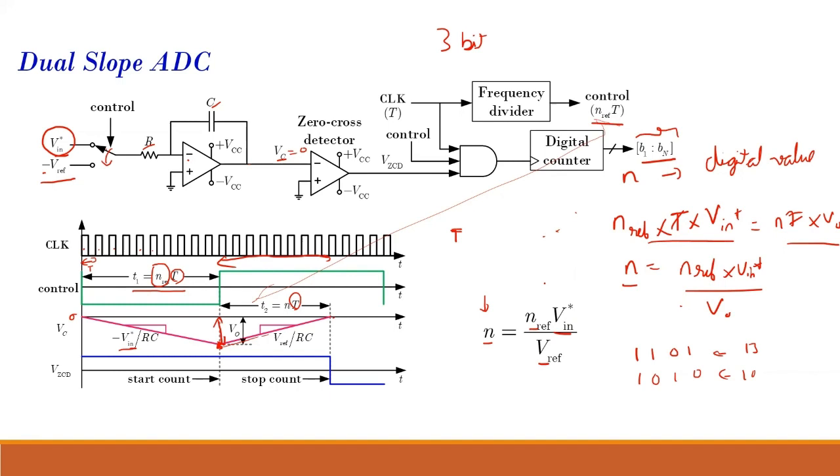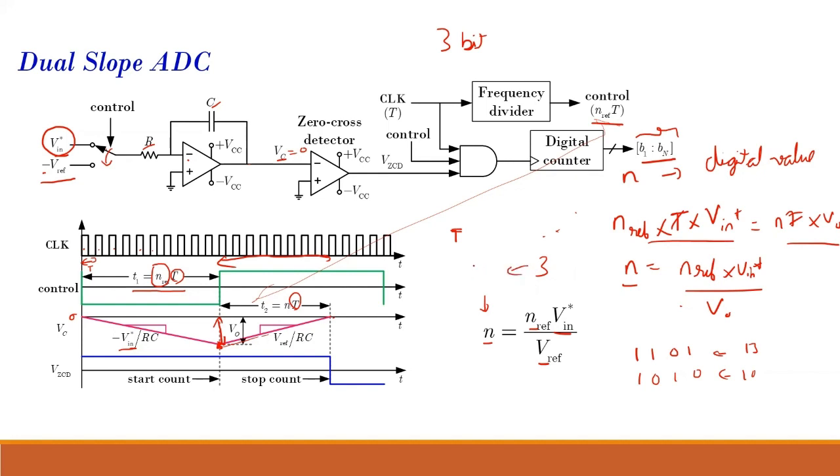The question is like this. V in star is 5 volts, N reference is 6, and V reference is 10 volts. Then the output of the digital counter is 3, no? Like it is the binary equivalent I have to show for the digital counter, right?